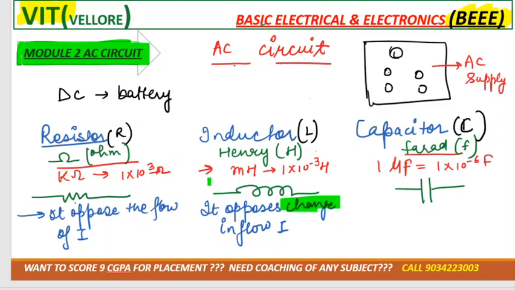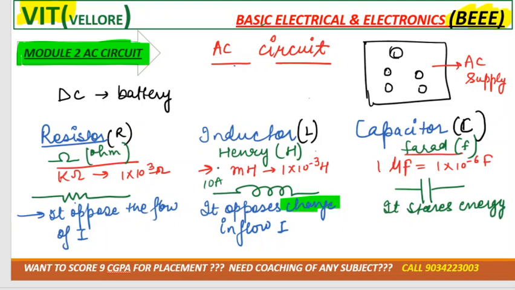If you are continuously changing the current, then the inductor won't allow the changing current to pass through it. If 10 ampere of current has been flowing for a very long time and is not changing, it will easily allow the current to pass, but it will not allow a changing current. Got it? Clear? Now the capacitor's function: it stores energy. Clear?